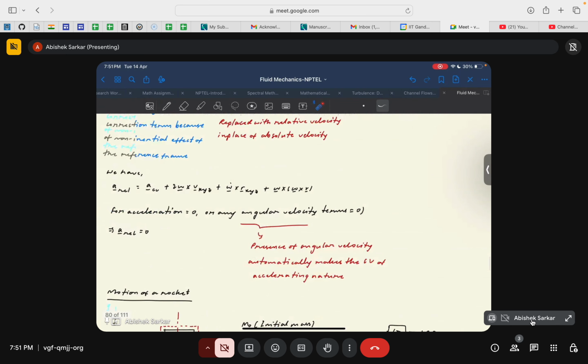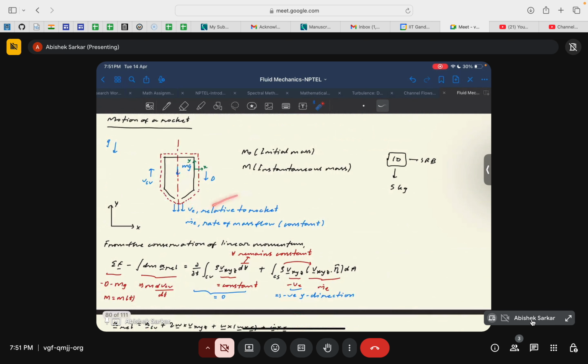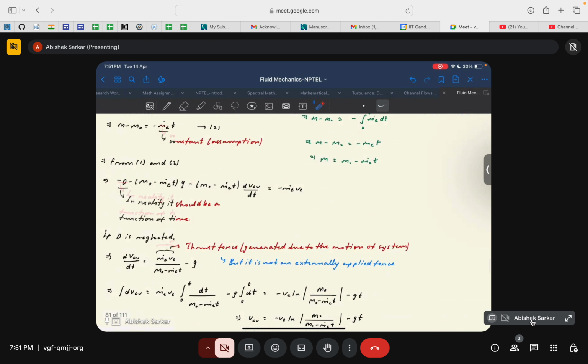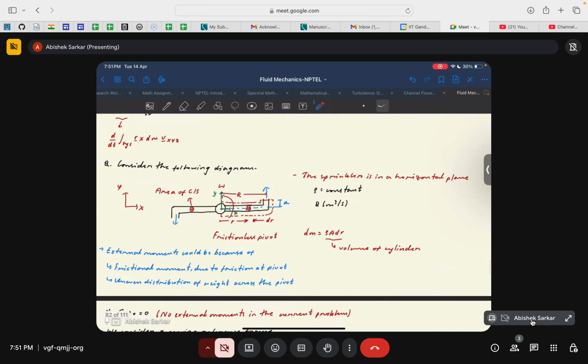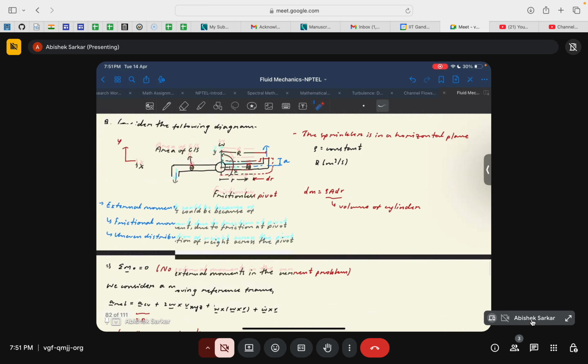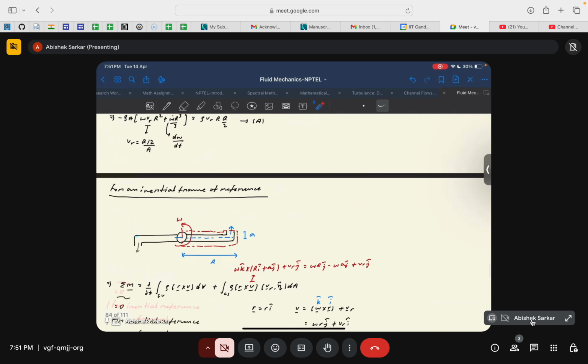I think we discussed very thoroughly the examples of a linearly accelerating object and a rotating object, that is the water sprinkler, if I'm not wrong. So you might want to look into this example for the application of the conservation of linear momentum and the RTT in the case of an accelerating reference frame. These are good examples to understand it.